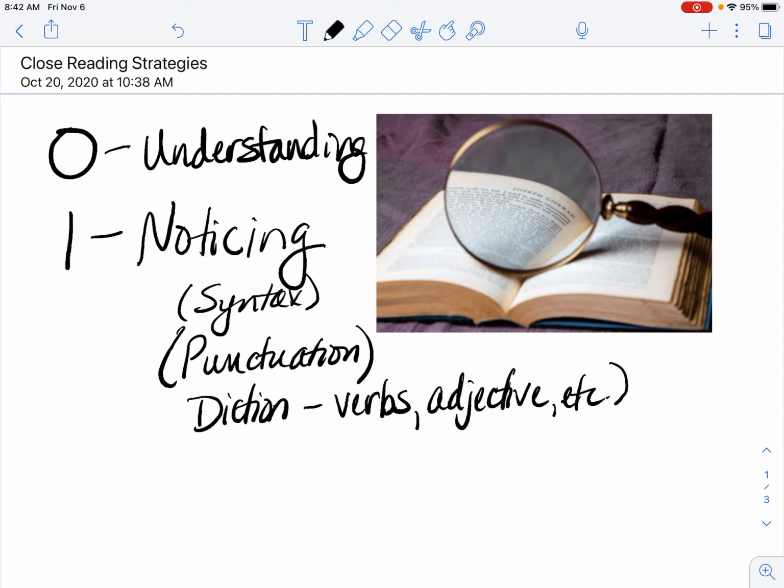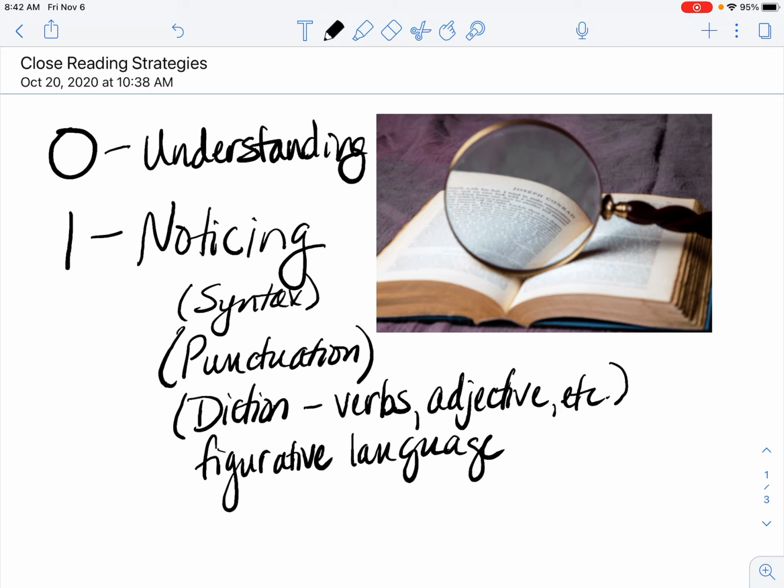Okay, and then this is also where I start paying attention to the figurative language and other rhetorical devices that the author could use. Now, we just reviewed these, so you should have a fresh memory of those types of things. So when I'm doing this step, I go back and reread, and I highlight, or I underline, or I circle, or I star, and I annotate.